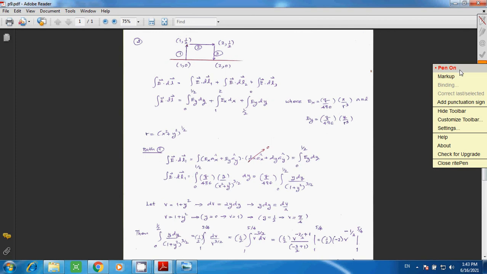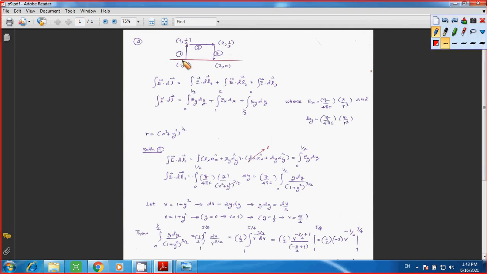So we're going to start from point 1, 0, go to the point 1, 1.5, and then go to the path number 2, go to the path number 3, and back to 2.0, sorry, to 0. So your line integration is going to be 3 paths.